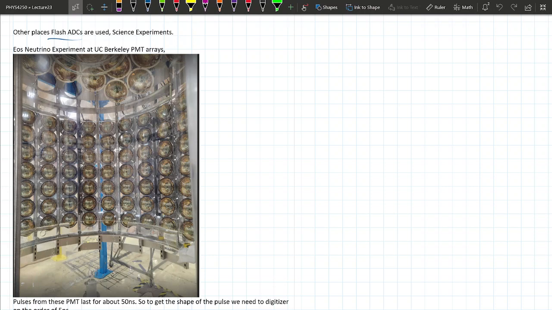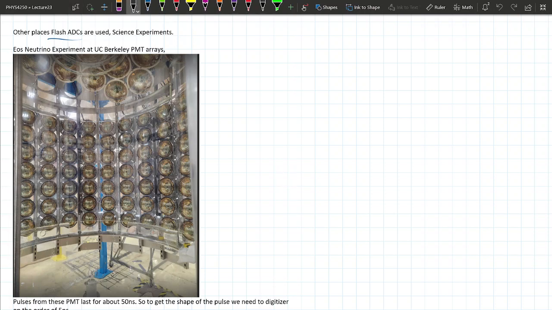Some of you guys have seen this in person. Each of these little light bulb looking things is about this big, so a person would be about this tall. And when a neutrino passes through it, it gives you a little bit of light, and that light gets detected by all these light sensors so that you actually know that the neutrino passed through.